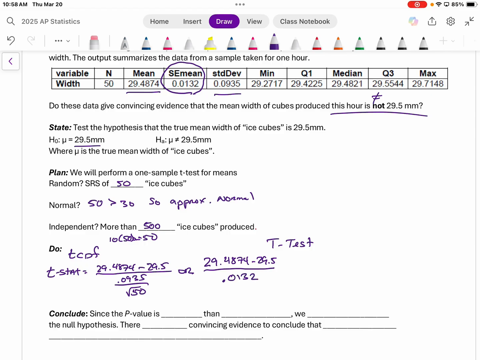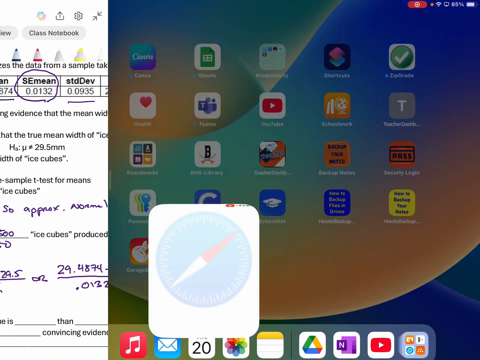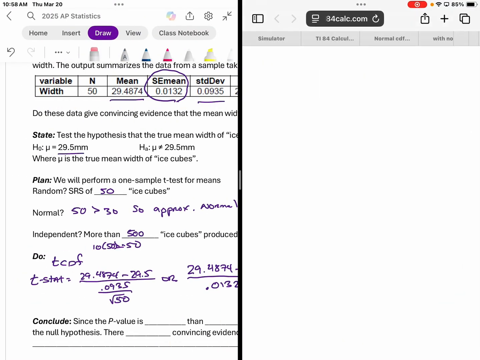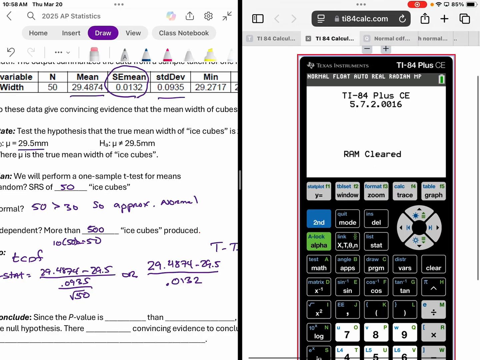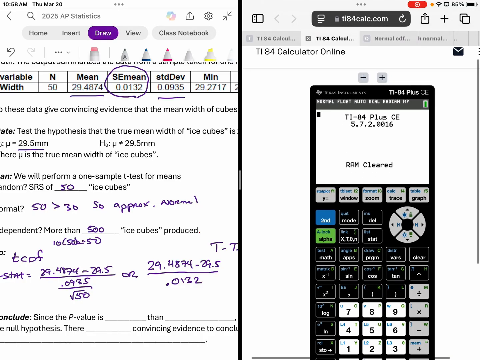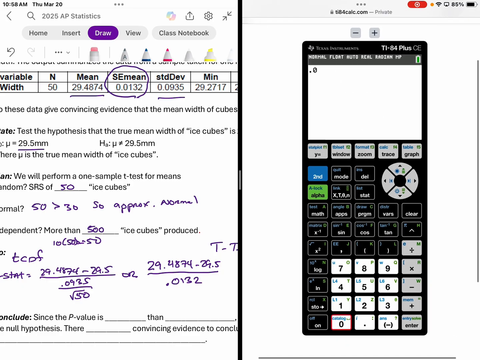If I do it on a calculator real quick, just to show you: if I take 0.0935 and divide it by the square root of 50, I should get something pretty close to 0.0132.